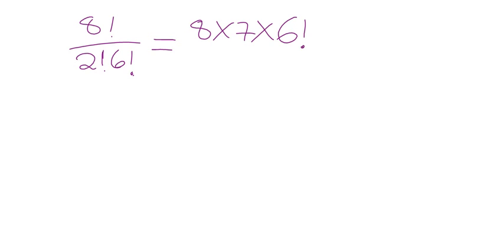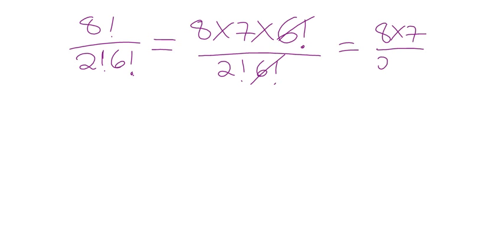I'm tired. So those cancel, right? What's 2 factorial? Just 2. So that's going to work out to 28, right? Now, of course, you can work this out on your calculator, right? I mean, there's nothing stopping you going 8 factorial divided by bracket 2 factorial 6 factorial. But you need that idea with the numbers of doing this.